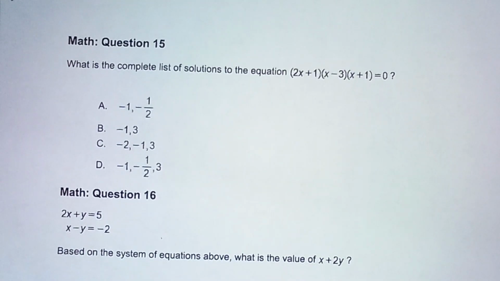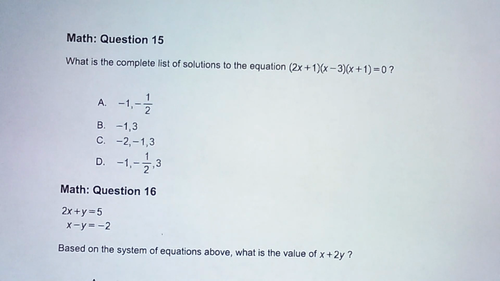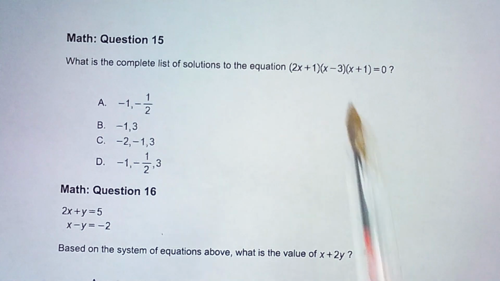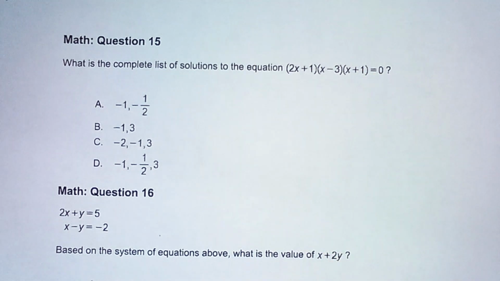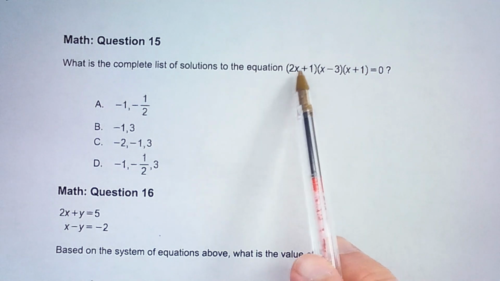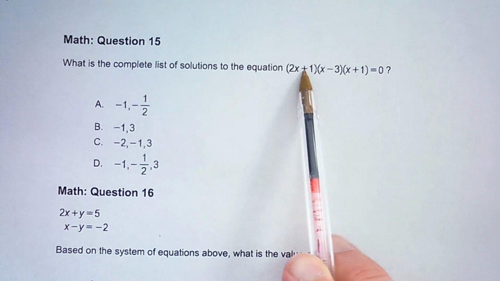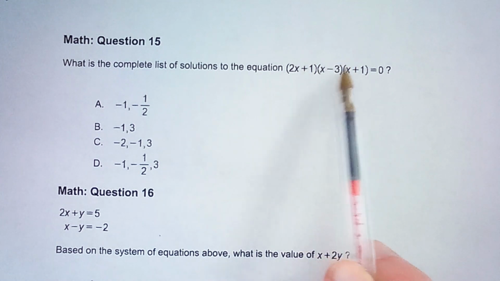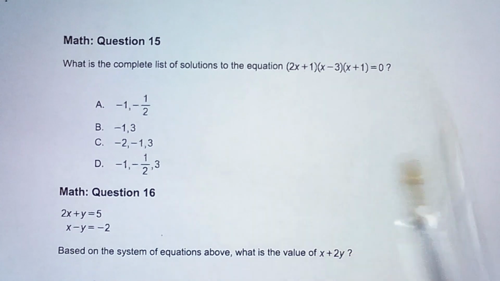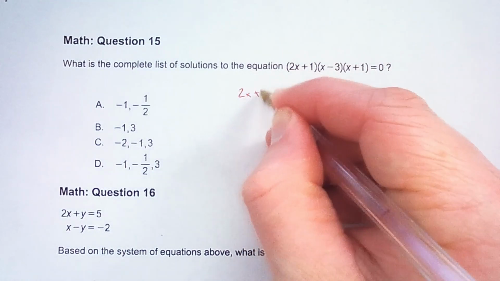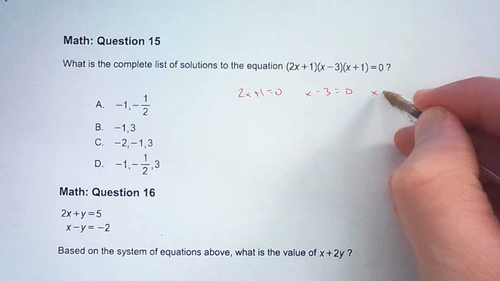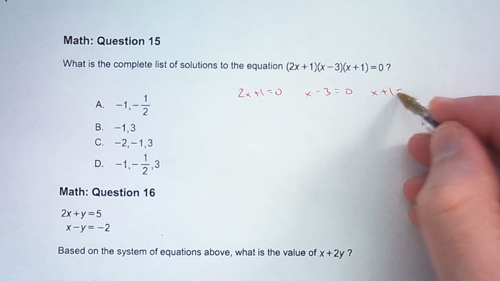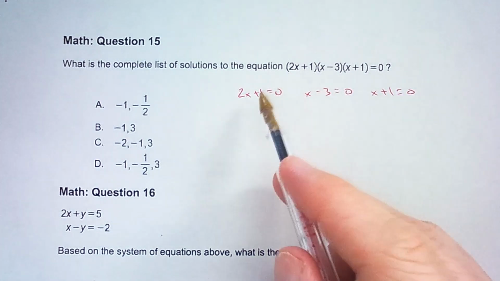Question 15. What is the complete list of solutions to this equation? So I've got a binomial times a binomial times a binomial equals 0. I'm going to get three solutions: one when I set this equal to 0, one when I set this equal to 0, and one when I set this equal to 0. So 2x plus 1 equals 0, x minus 3 equals 0, and x plus 1 equals 0.